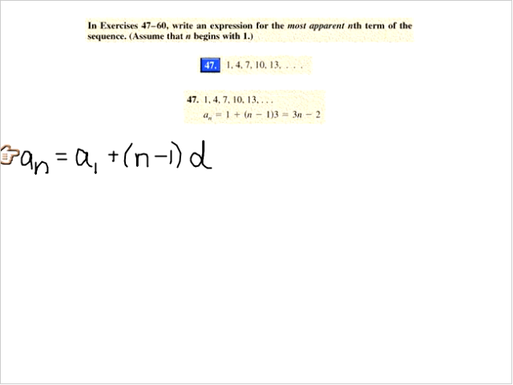Remember, a sub 1 is your first term, n is how many terms we have in the sequence, and d is what we're calling our difference, what you're adding or subtracting to get to the next number in your sequence.